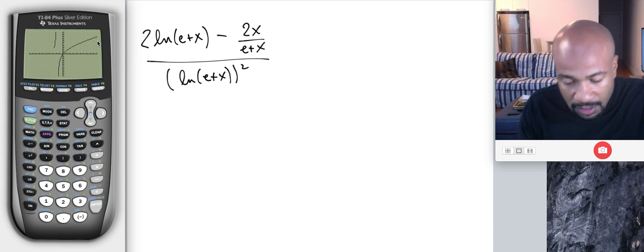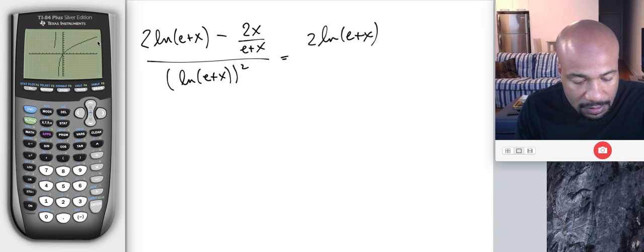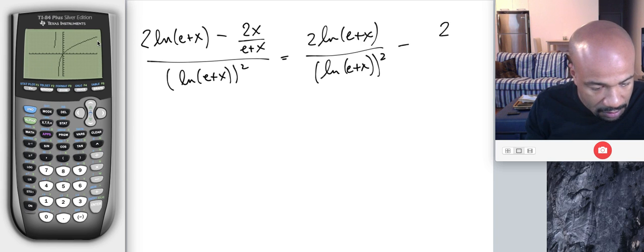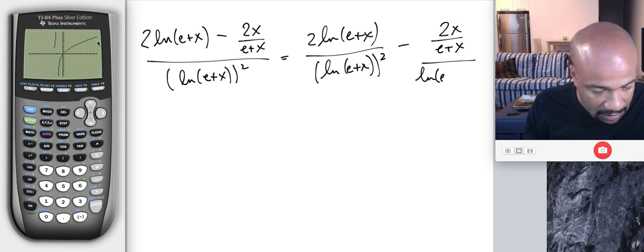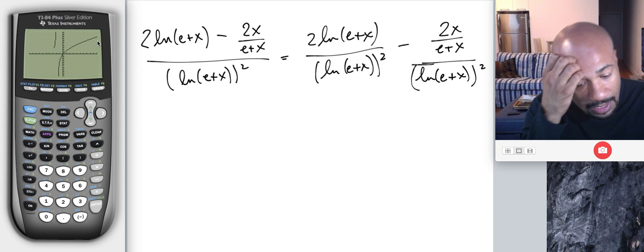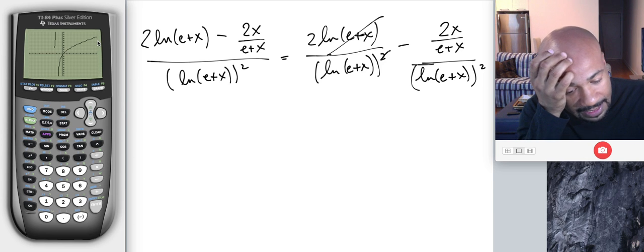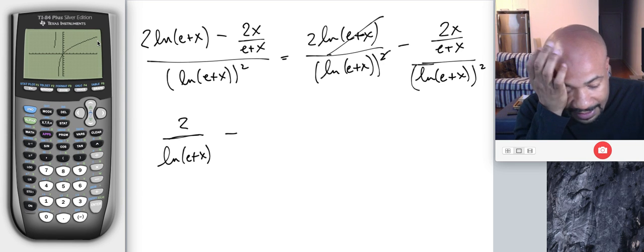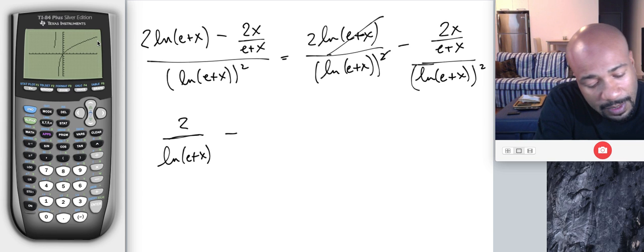All right, so this is going to be 2 natural log (e plus x) over the natural log (e plus x) quantity squared, minus 2x over (e plus x) over the natural log (e plus x) quantity squared. So I have a natural log and a natural log that cancels, so then I'm left with 2 natural log (e plus x) minus, and you could do this 2 ways.